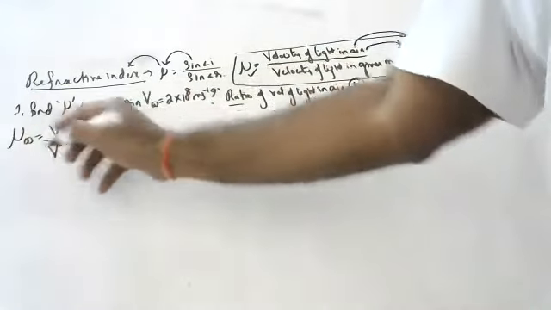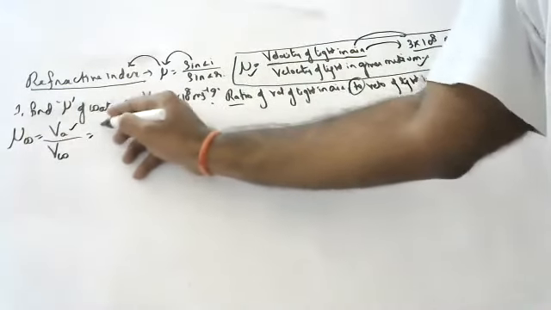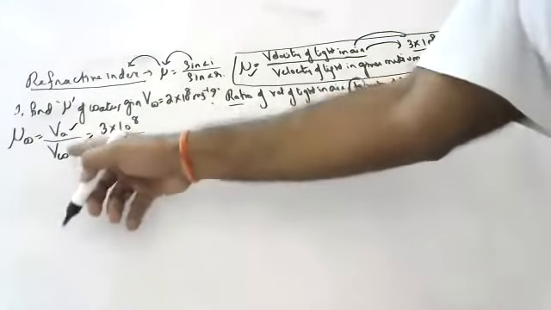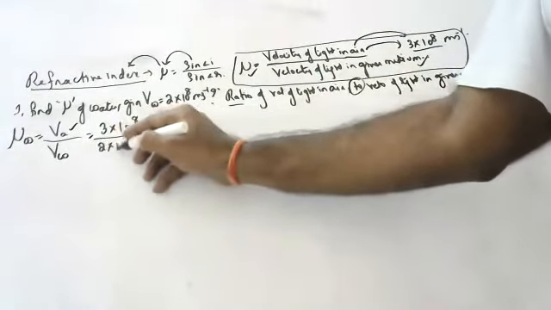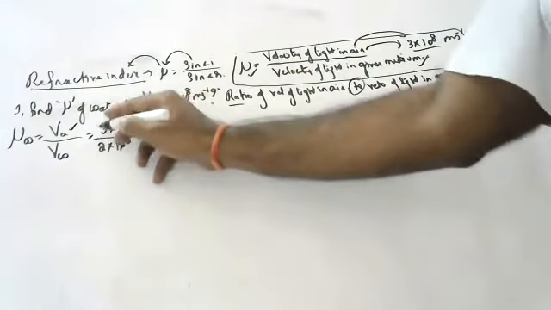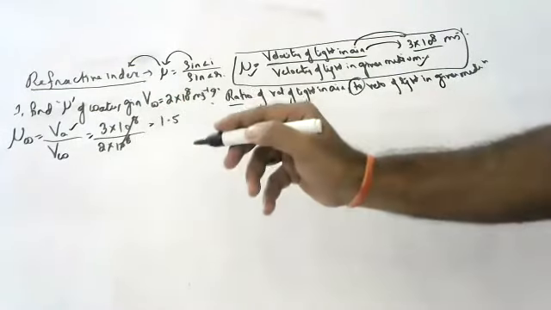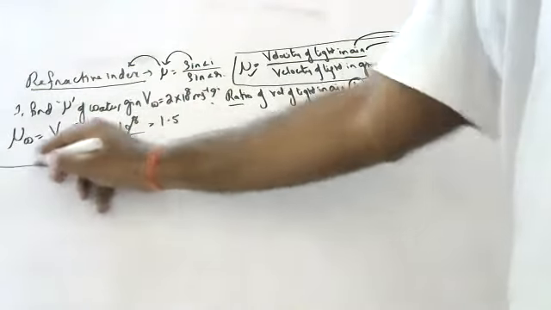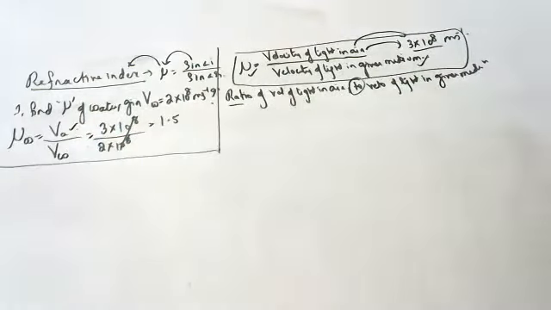Water. The velocity in air is constant, 3 into 10 to the power of 8. And the velocity of light in water is 2 into 10 to the power of 8. 3 by 2 is how much, children? 1.5. What are the units? No units, because both are velocities. You will not have any units for refractive index. So the refractive index of water is 1.5.